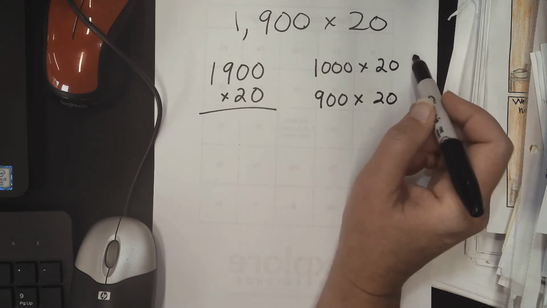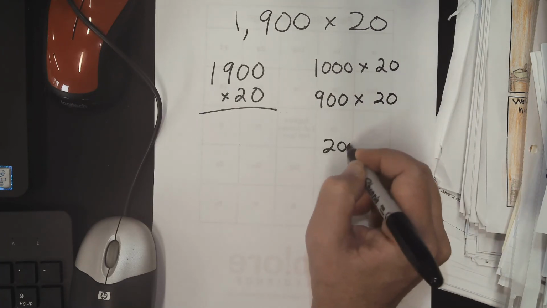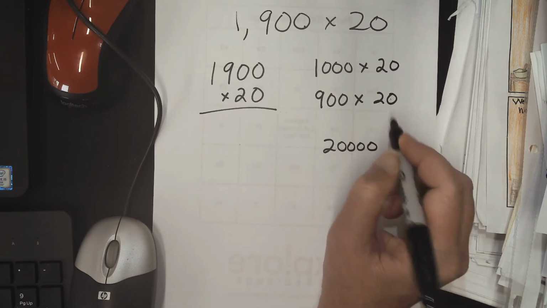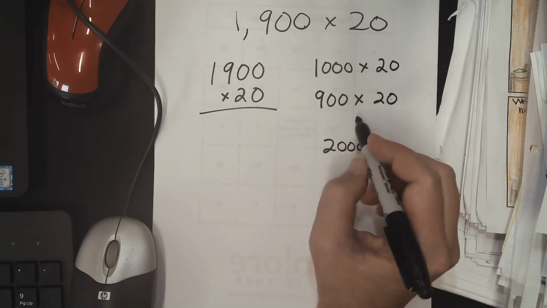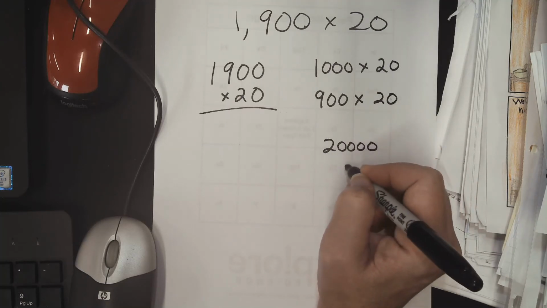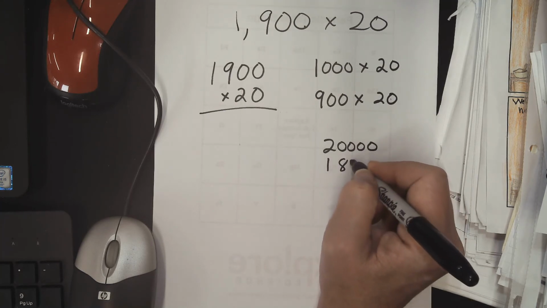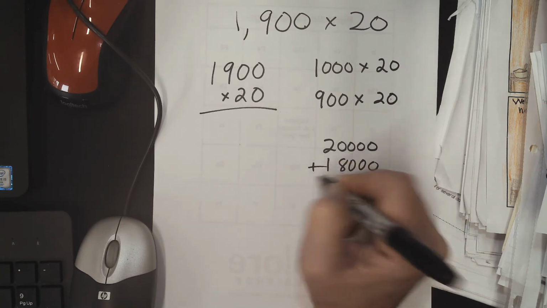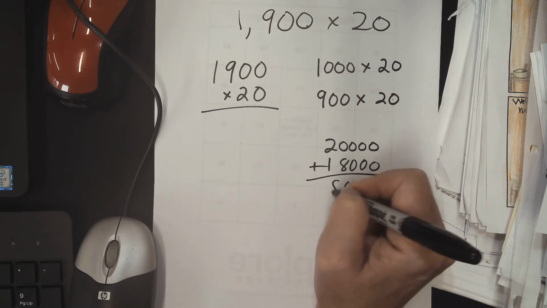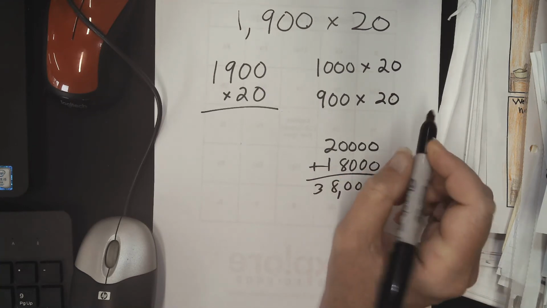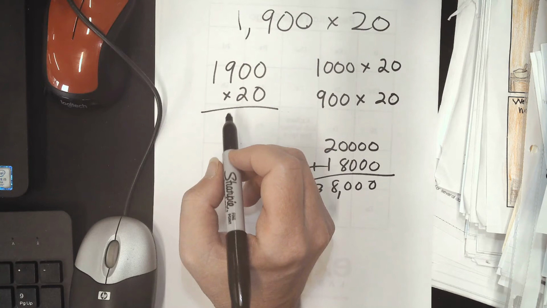So what is 1,000 times 2? It's 2,000 and add a 0. What is 9 times 2? 18. Okay, 18 and how many zeros? 3. And then I can add them together. 38,000.